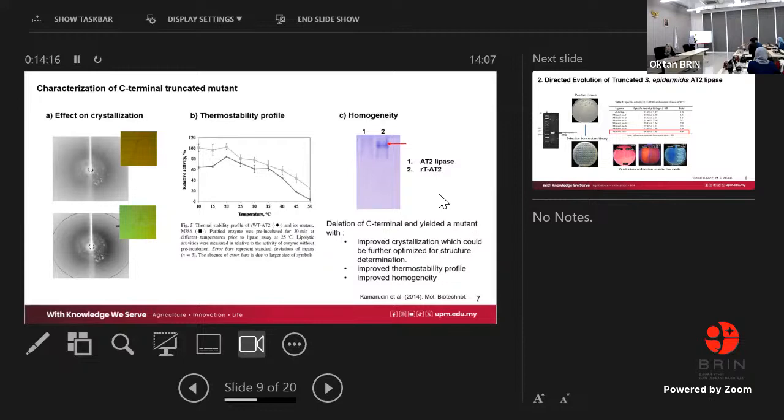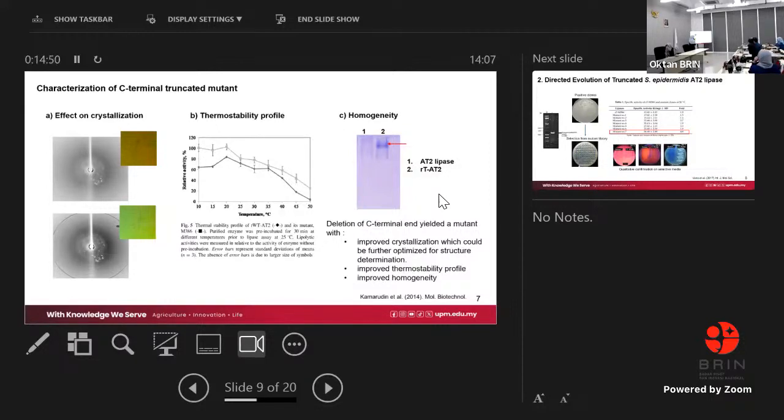We also examined the homogeneity of the enzyme, because this enzyme was not easy to handle. It had many problems; it is very easy to degrade over time. When we removed the C-terminal end, we found that it improved the homogeneity of the enzyme, looking at the native PAGE.